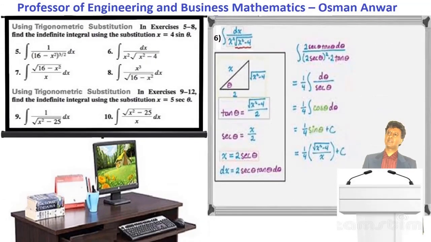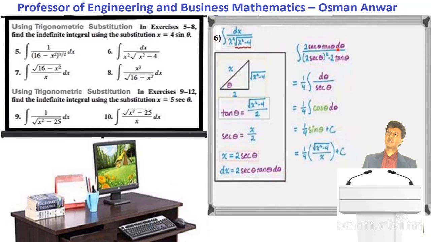Then I have another trig substitution. This is the integration of dx over x squared square root of x squared minus 4. So x equals 2 sec theta is the trig substitution, then dx is 2 sec theta tan theta d theta.